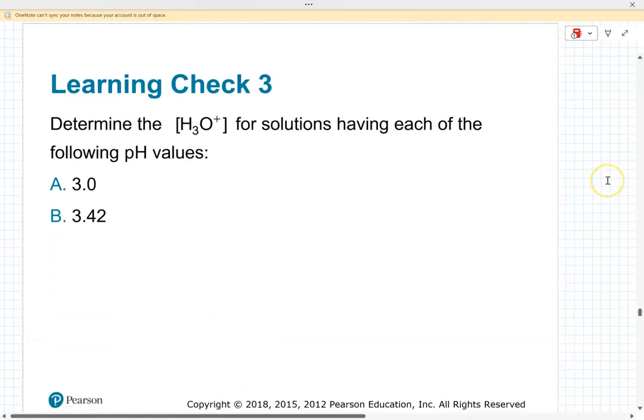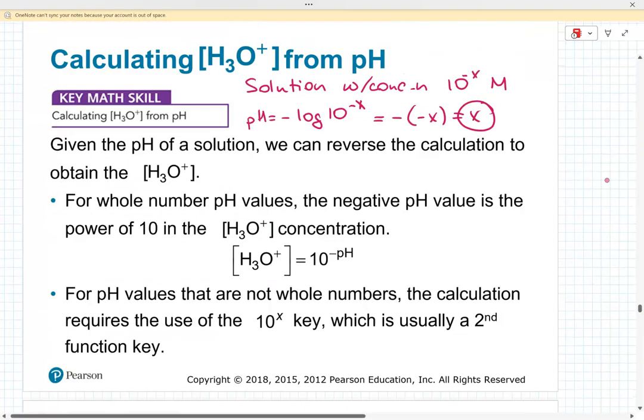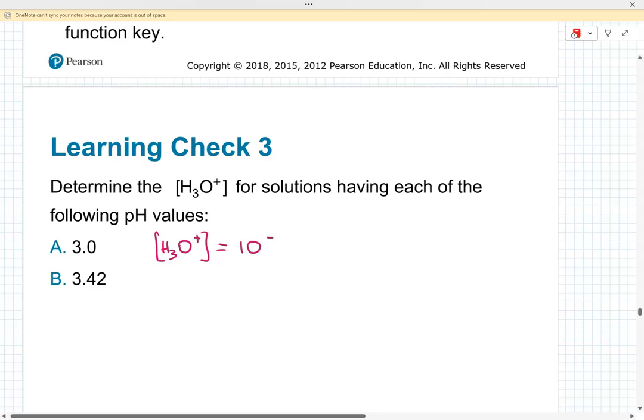So for instance, we have a solution with a pH of 3.42. The concentration of hydronium cations will be 10 to the power of negative pH mole per liter.